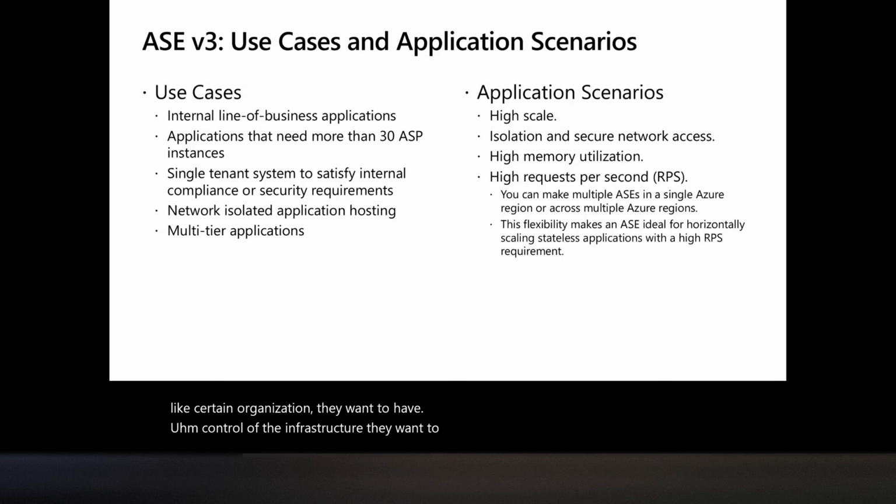You have control of the infrastructure, though you're not making any updates to it. Microsoft is still updating it, and they are not using any of your network for their traffic, but still you want to have it inside your address space.